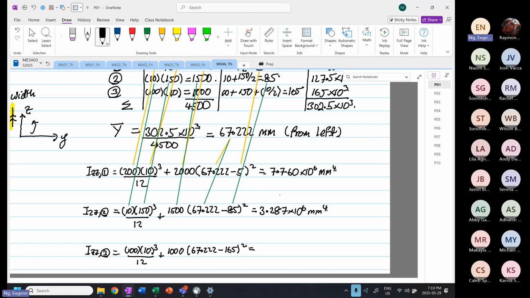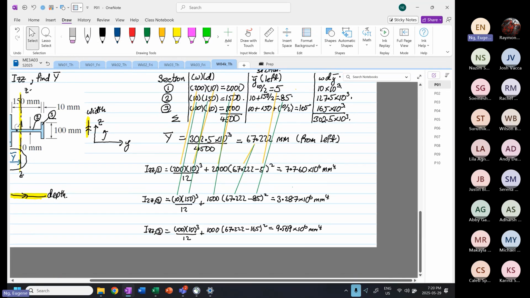So 100 times 10 to the power 3 over 12, plus 1000 times (67.222 minus 65), close bracket, squared. So it's equal to 9.569 times 10 to the power 6 millimeter 4.